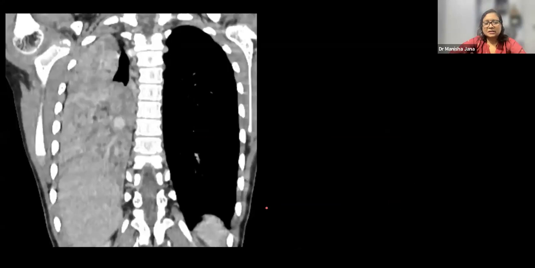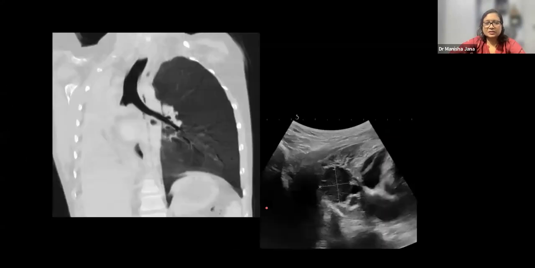Now in this context, I would like to show you one image. This is the ultrasound. I personally prefer doing ultrasound whenever possible because that gives you clarity in a lot more situations, like whether it is a mass or thymus, whether it is a cyst or a solid.